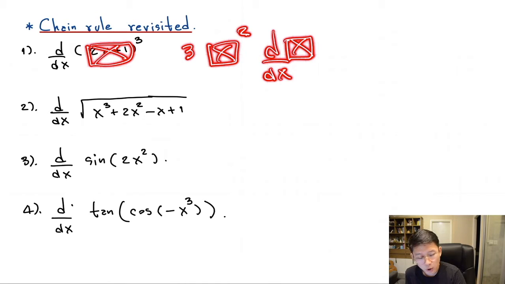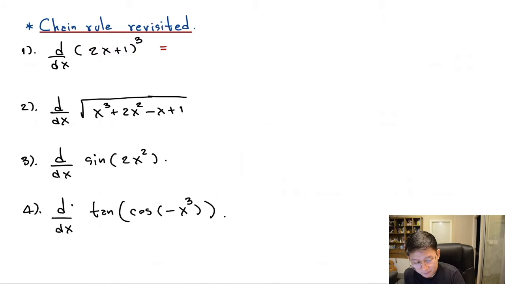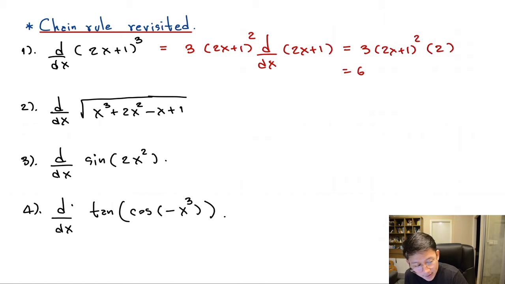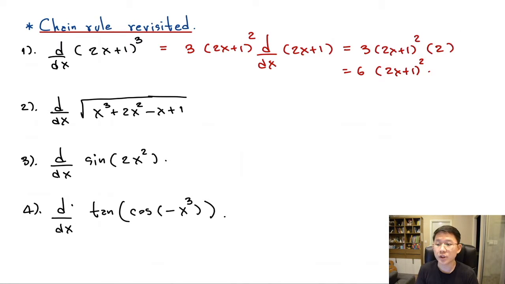So what we have here is 3 big X squared and then d by dx of the big X. And for this function, we can differentiate it. It's 2x plus 1, so we don't need big X anymore. So we have 3 times (2x plus 1) squared times 2, which is 6 times (2x plus 1) squared. That's it. So we don't need to introduce the variable u anymore.